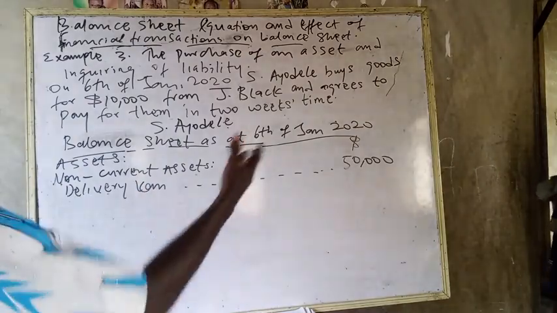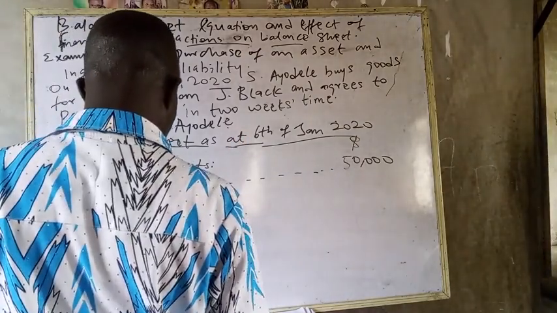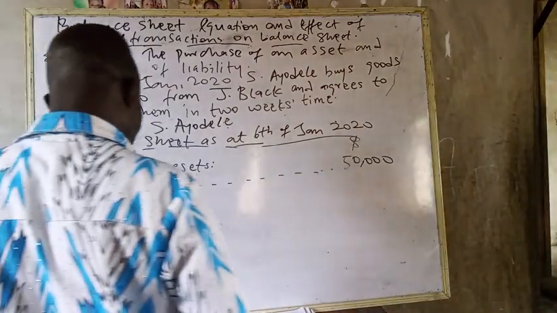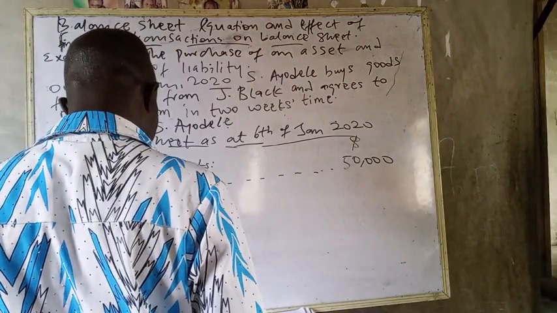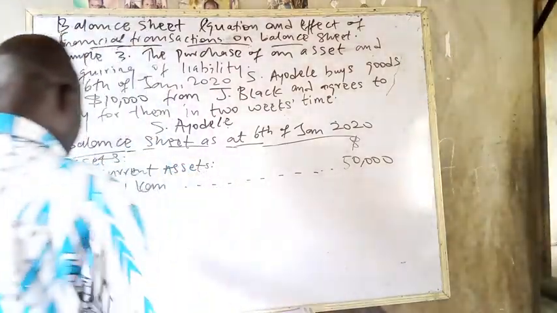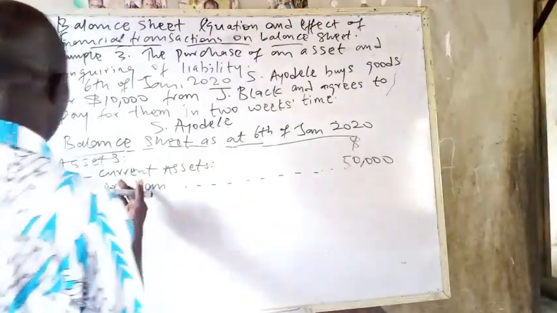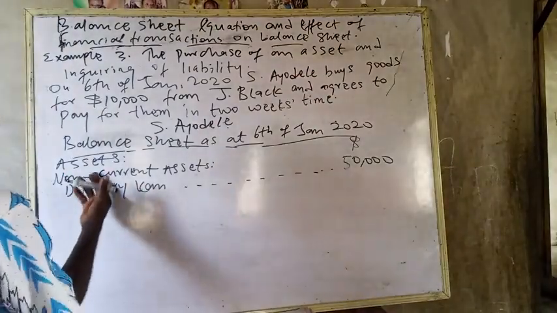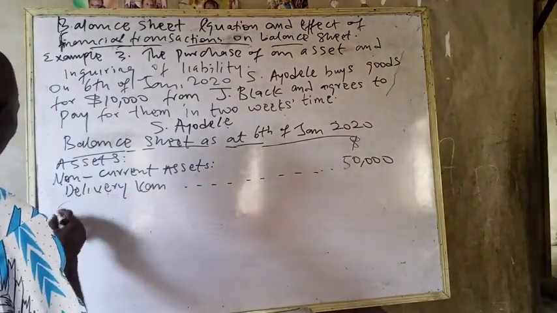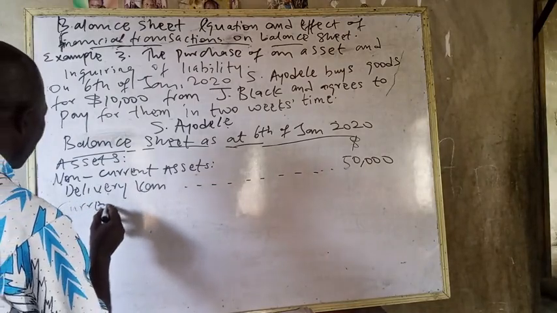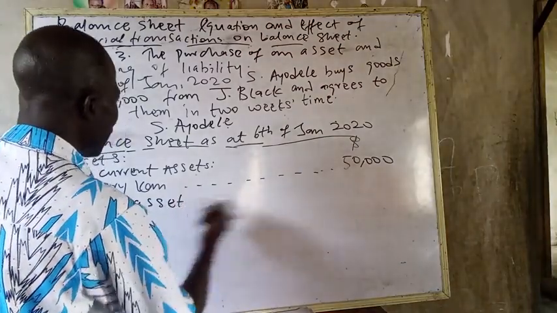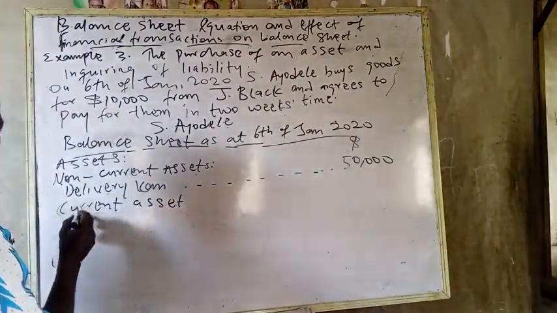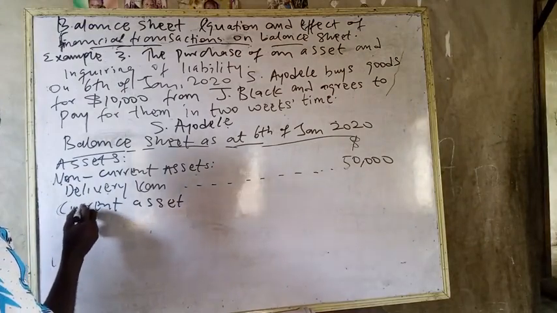The previous example, that's what we have there. This is what we have in the non-current assets. Then under current assets, what do you have there? We are just managing the budget. It's not big enough. Just bear with us.